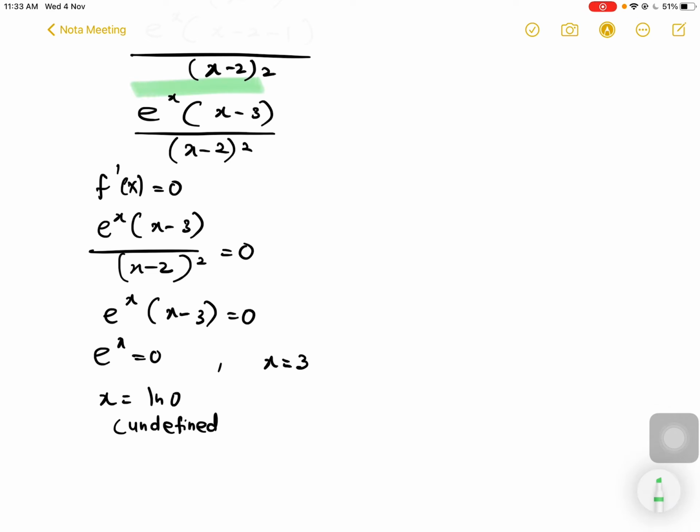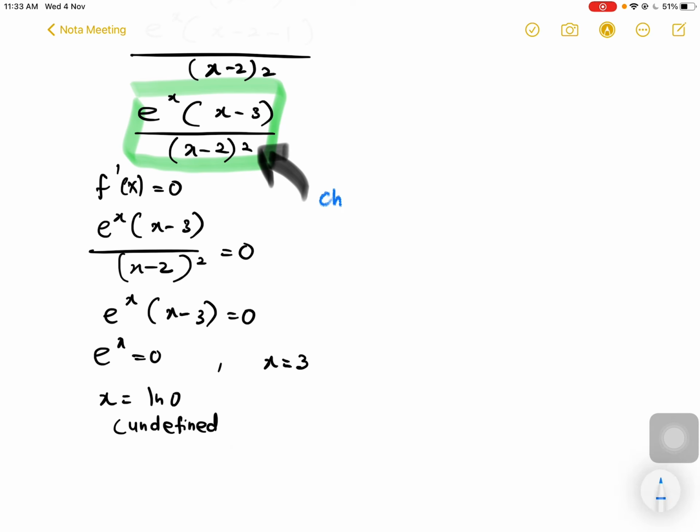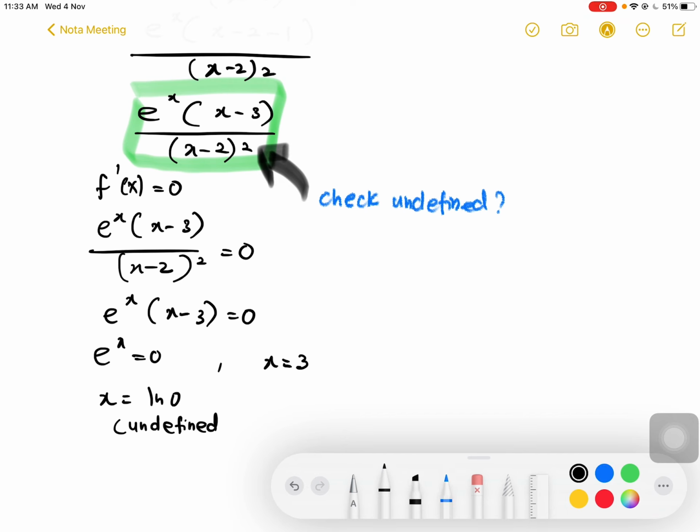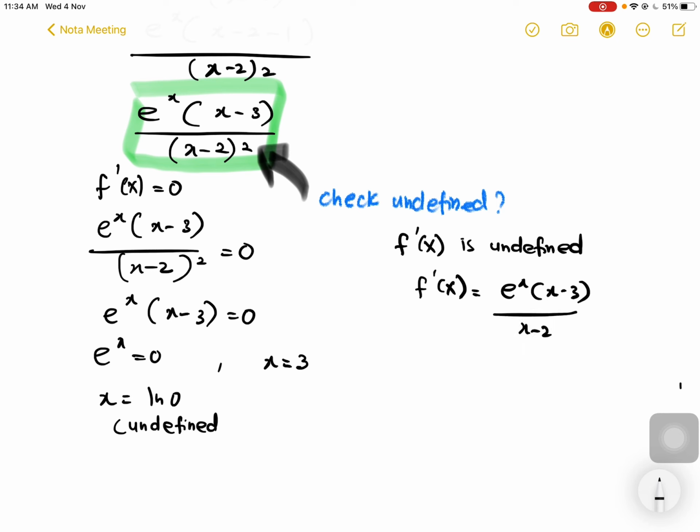Since your f prime x is in the form of a fraction, you have to check whether the denominator is undefined. This is what you have to check. So to find where f prime x is undefined, f prime x, our answer earlier, is e x times (x minus 3) over (x minus 2) power of 2.